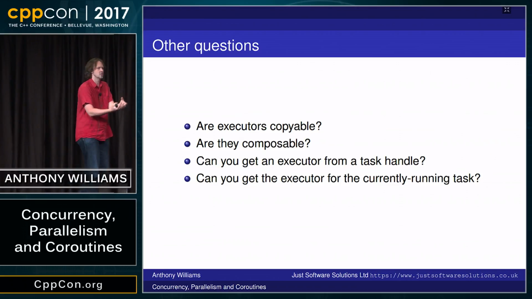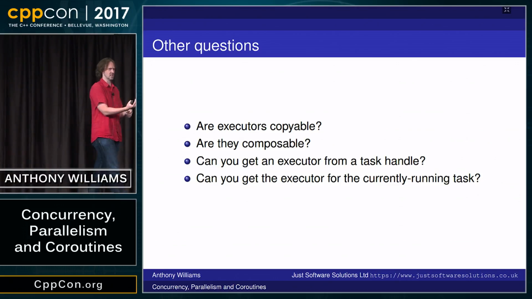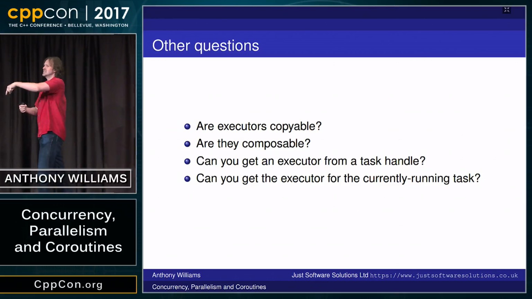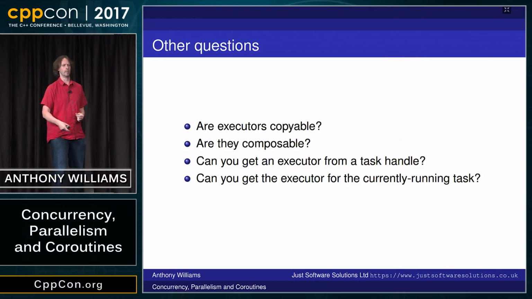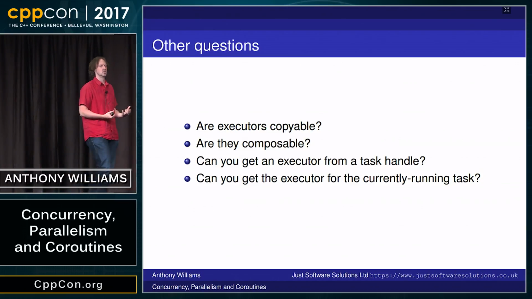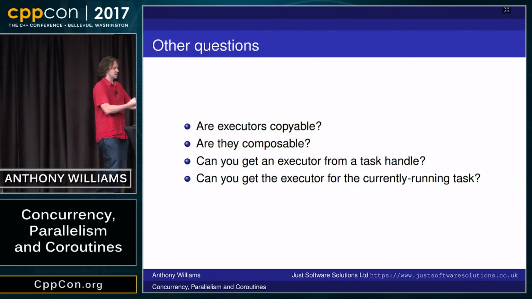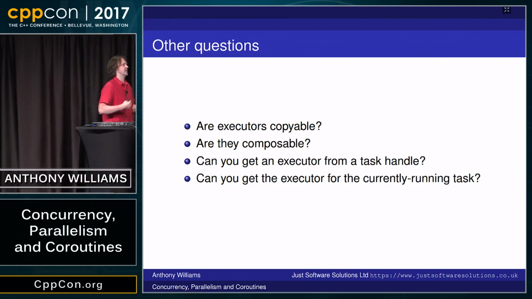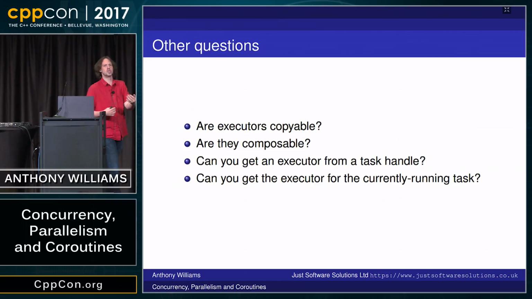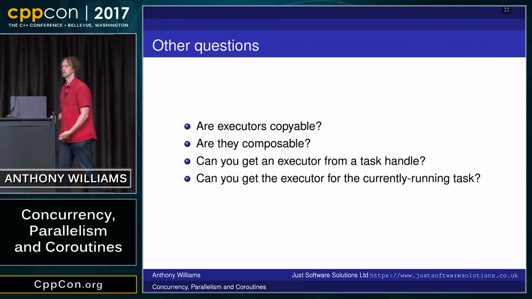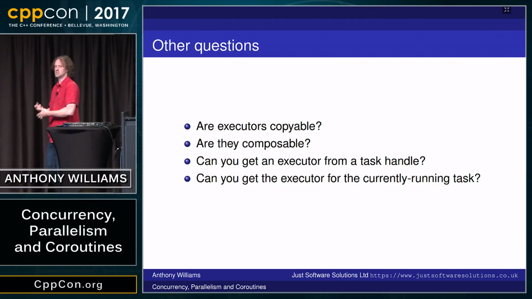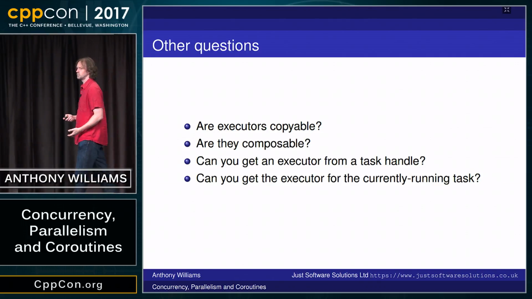If you have a task that is running on an executor, and you have some form of handle to that task, can you get the executor back in order to run another task on the same one? Or if you are running a task right now, and this function that I am in has been called from an executor, can I find out which executor that was in order to run a new task, as some form of continuation of the current one? So these are, again, important questions.